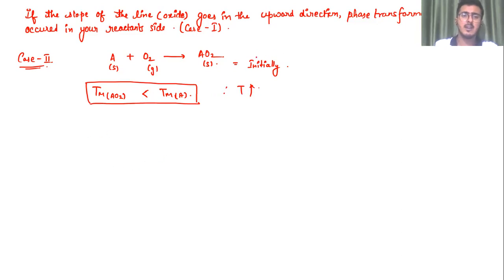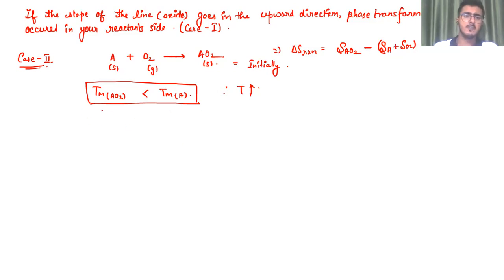So what will happen? If I find the change in the entropy of this reaction, this is nothing but the entropy of your product, S of AO2, minus the entropy of your reactant, that is S of A plus S of O2. That is their respective entropies, right? So let us see what the change in the entropy of the reaction is after this transformation has occurred, that is, your solid product has now converted into your liquid or molten product.